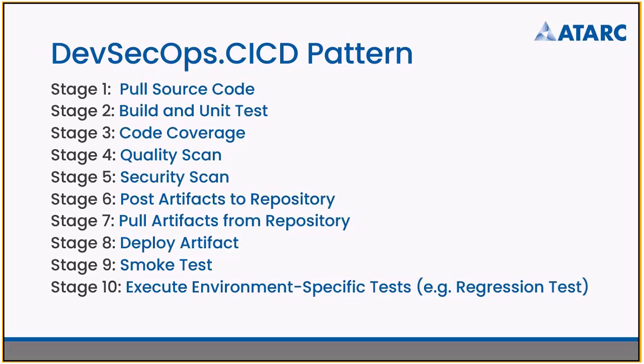Stage 6, for teams that are new or maybe not as mature in the environment, we would typically post those built artifacts that were built in stage 2 and passed the tests in stages 3, 4, and 5. We would post those artifacts to a repository that would hold them for later use to deploy in other environments.